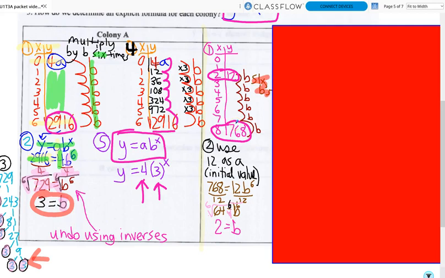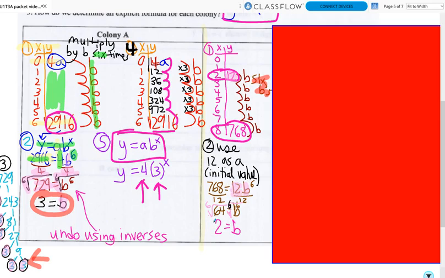So now I'm going to use (2, 12) and (8, 768) to create my equation so that I can once again solve for b. You're going to treat 12 as if it were the a value. Is this the a value in our final explicit equation?